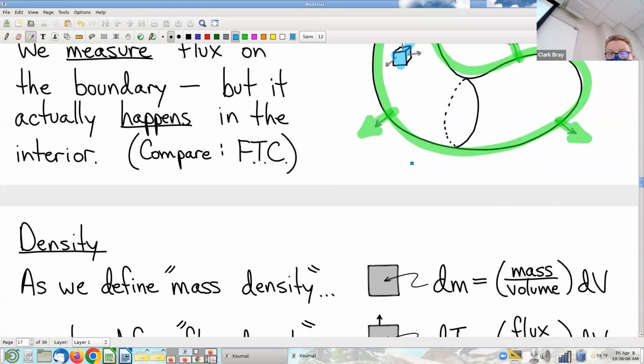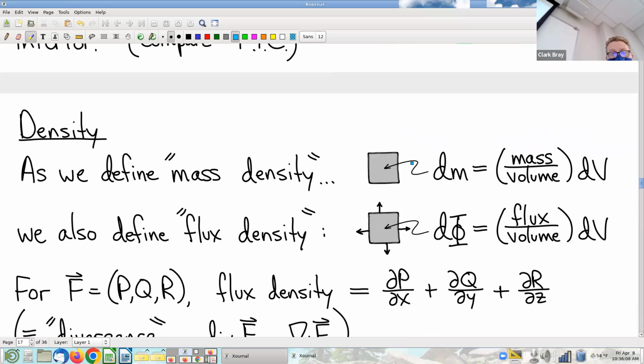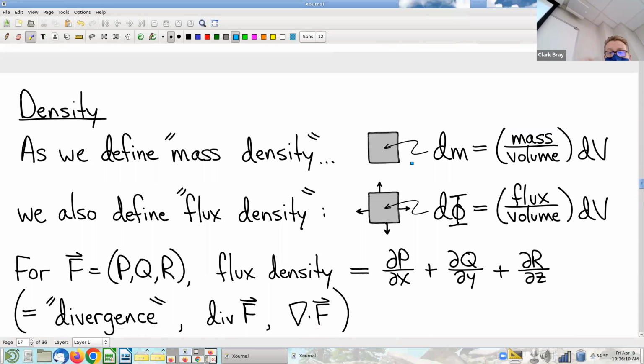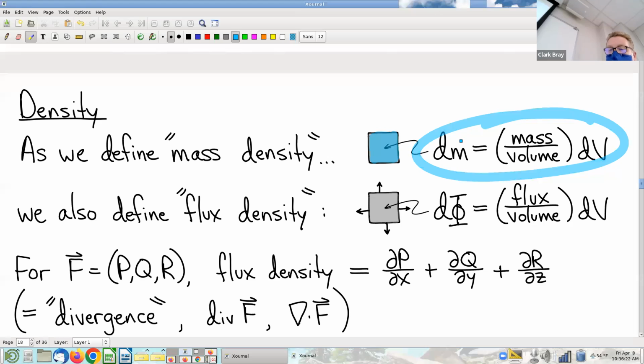And with that, I can correspondingly talk about its density. In the same way, looking in a little box, and of course these should be three-dimensional, but the picture is harder to see, I can talk about the mass in a box as being a density times a volume.